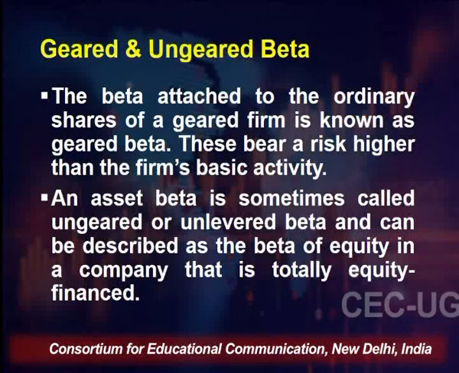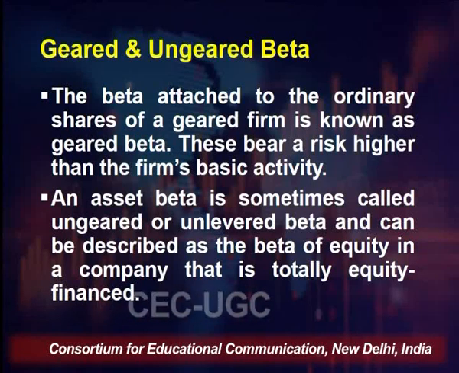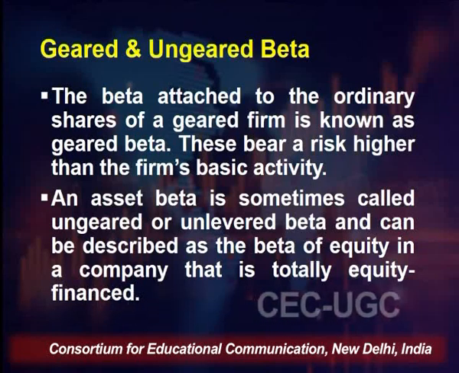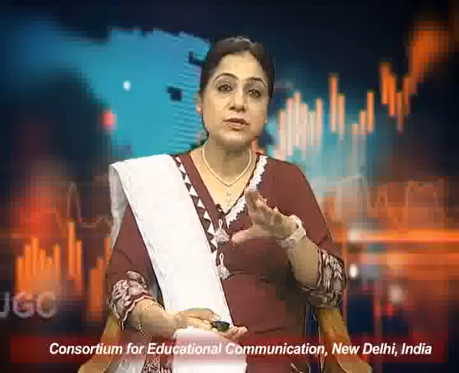The beta attached to the ordinary shares of such a firm is known as geared beta. Why? Because the firm is levered. That means the firm is using debt. That is why the beta of this stock is known as geared beta, and it has a much higher risk than the firm's basic activity.